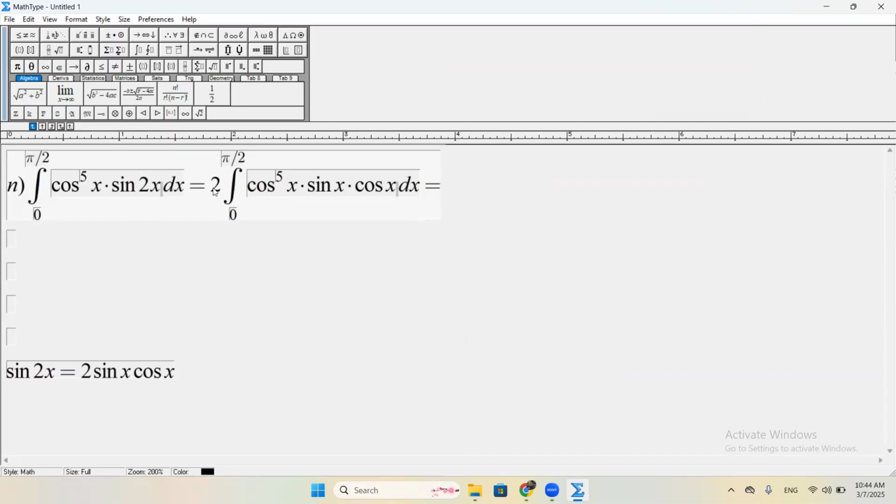So what I receive? So cosine of x in power of 6 multiplied by sine of x. And actually sine of x is a differential of minus cosine of x. So using differential entry technique here.